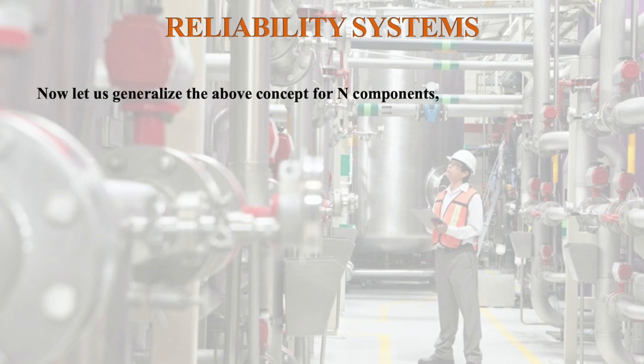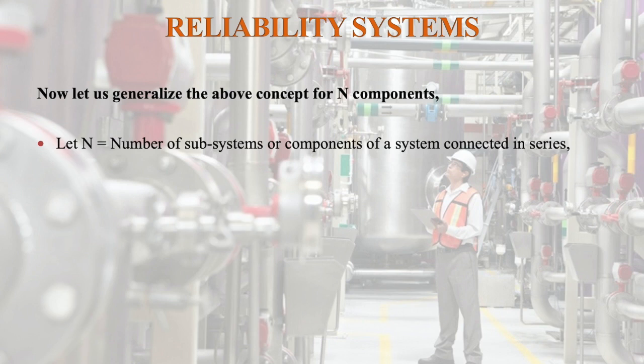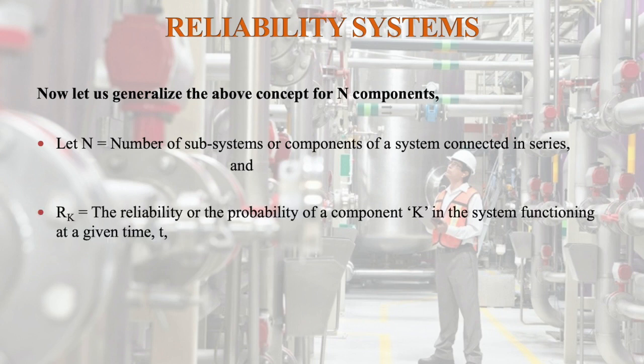So now let us generalize the above concept for n components, because a system consists of a number of components. So now we are calculating for n components. Let n be the number of subsystems or components of a system connected in series, and Rk the reliability, or the probability of a component k in the system functioning at a given time t.